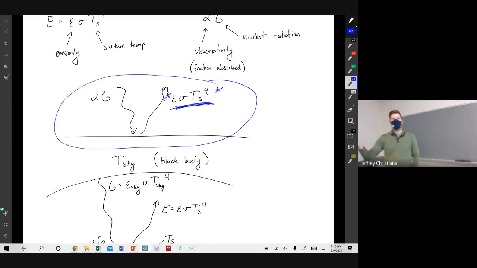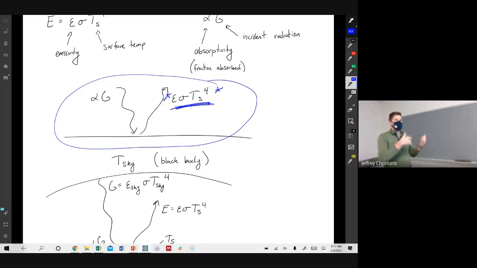And then what's being absorbed at the surface is whatever happens to be hitting it times the fraction that's absorbed, the absorptivity. And then, okay, maybe I have to do some other calculations to figure out what actually is hitting the surface. You have to figure out where that's coming from.